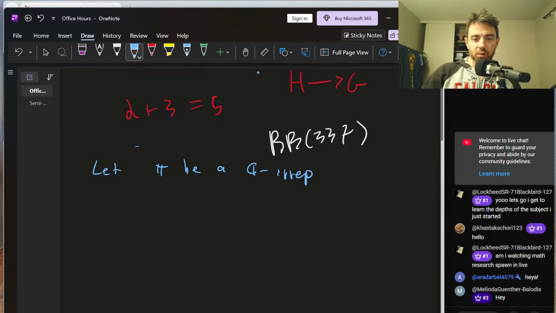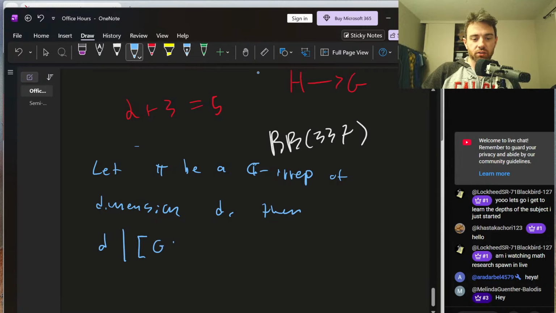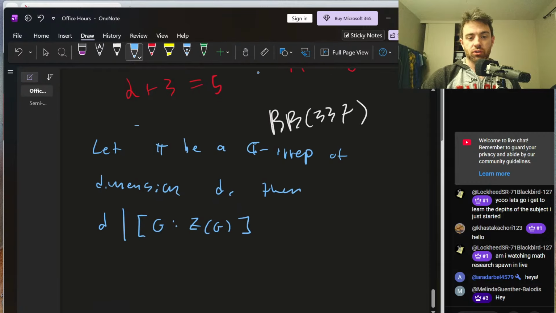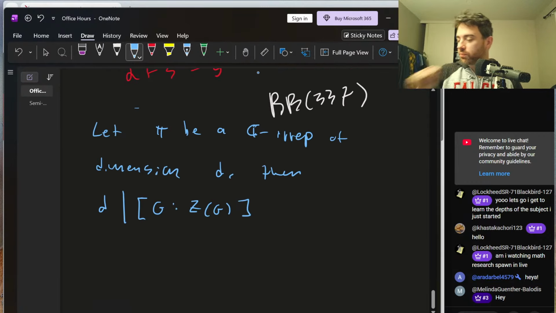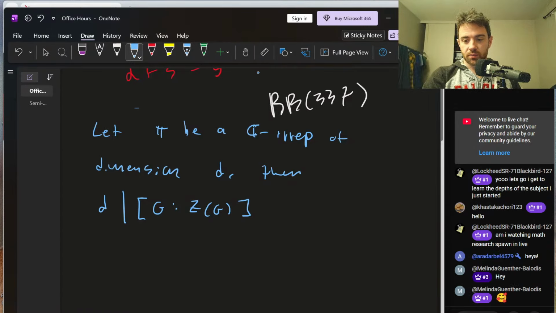So let pi be a complex irreducible representation of dimension d. Then d divides the index of the center. So this is, in my view, I guess, again, there's lots of ways we can interpret what the Lagrange's theorem should be. I guess in general you might think about all sub-representations.